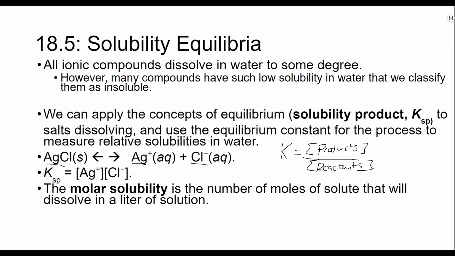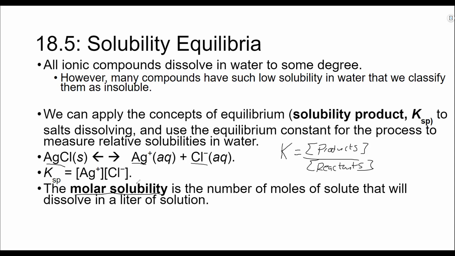And since K is very small, what this means is that you mostly have reactants at the end of this reaction. And so you won't actually make much product. And these types of problems often deal with molar solubility. That is, what is the actual concentration that will dissolve?